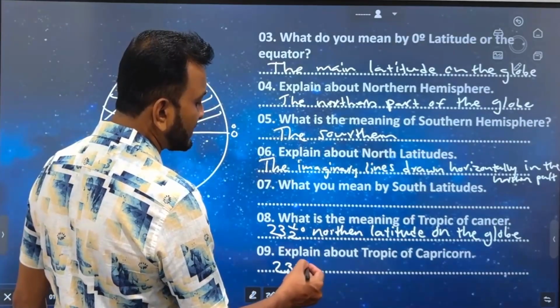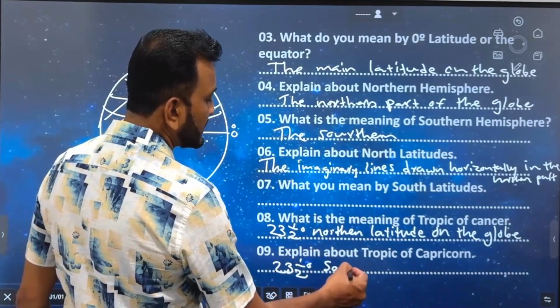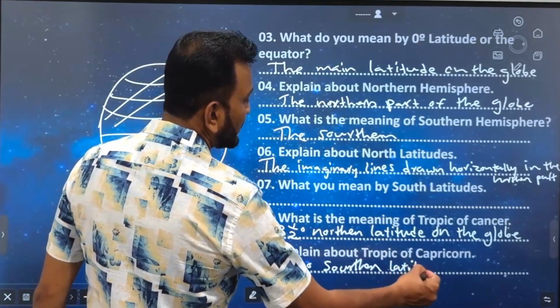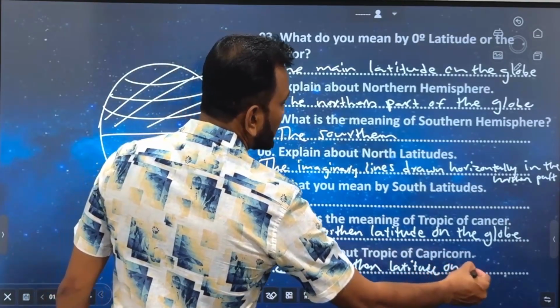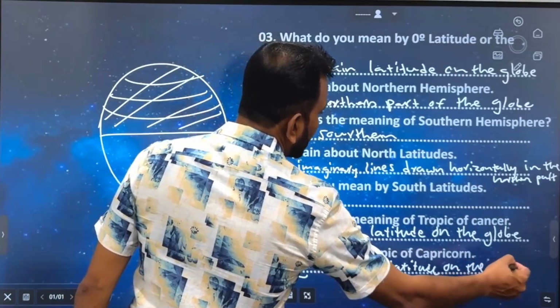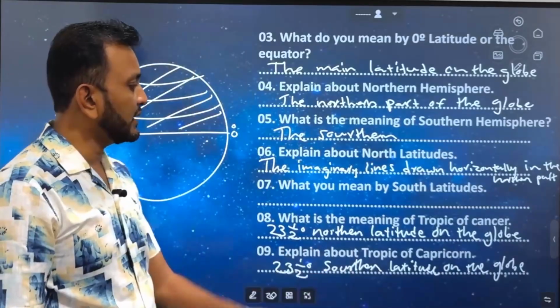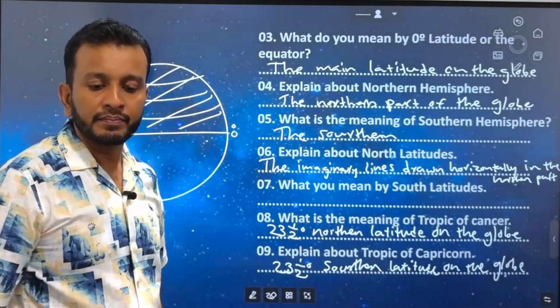23.5 degrees southern latitude on the globe. Southern latitude on the globe. 23.5 degrees southern latitude on the globe.